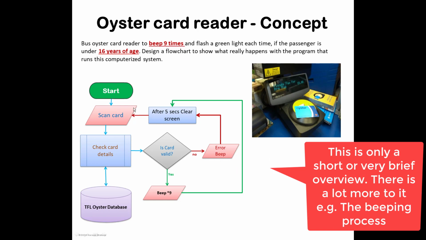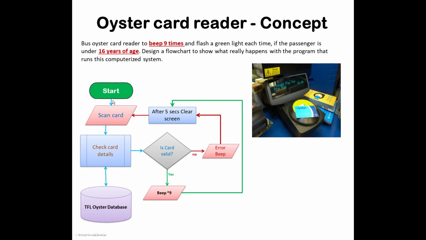Okay. However, this is the quick way of understanding it. It's going to scan your card. Then after scanning your card, it's going to check your card details. Now for scanning a card, I use the parallelogram, input and output, because it's inputting your card details. It's receiving card details from your card.